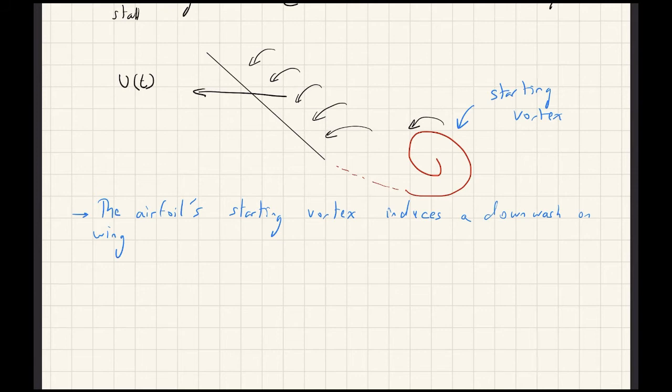And the effect of this downwash is to attenuate the coefficient of lift felt by the wing. So this reduces the local angle of attack felt by the wing and thus lowers the lift.